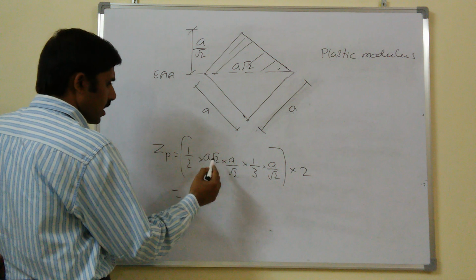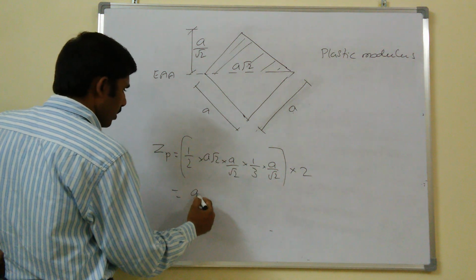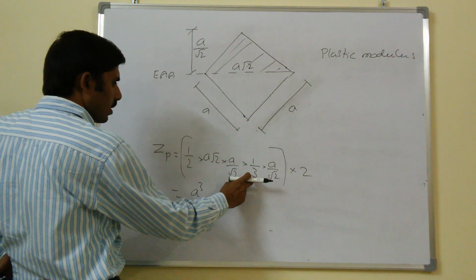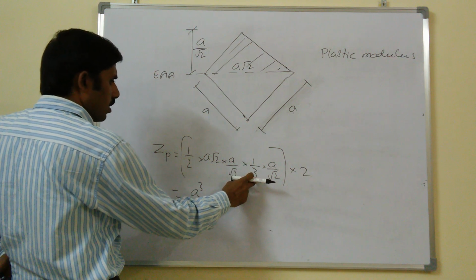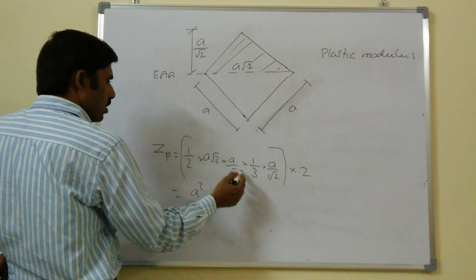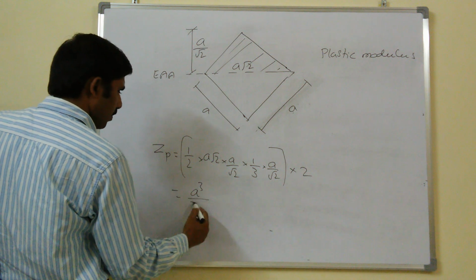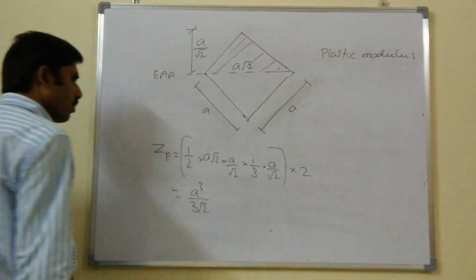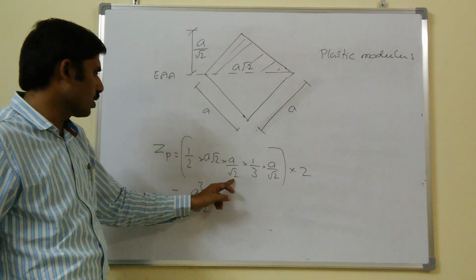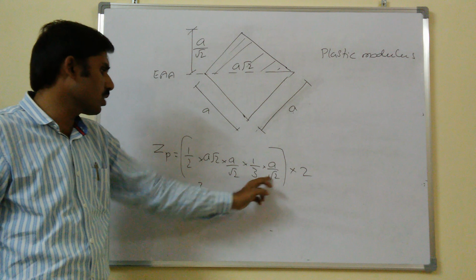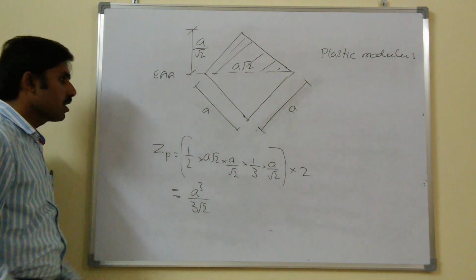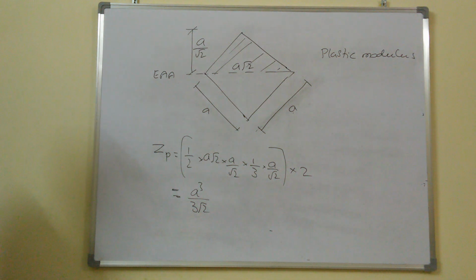Here root 2 gets cancelled, a cube, 2 3 6, and 6 means here 2 is there, this 2 cancels, 3 root 2. A cube by 3 root 2, because in a cube this root 2 will go away, this 2 and this 2 will go away, so 3 root 2 will be there. So for a diamond, the plastic modulus is a cube by 3 root 2.